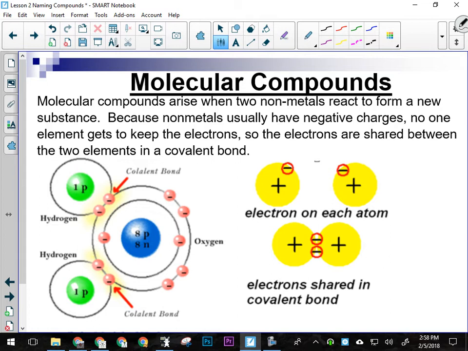So the bonds in a molecular compound are called covalent bonds. That means they share the electrons, whereas in an ionic compound they just give them away. Here they share them, so they're going to be in a covalent or shared valence.